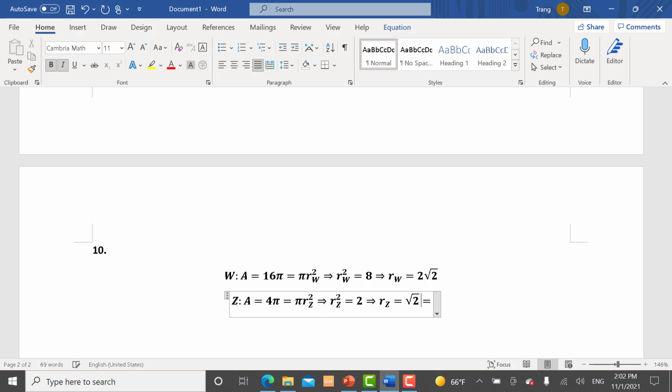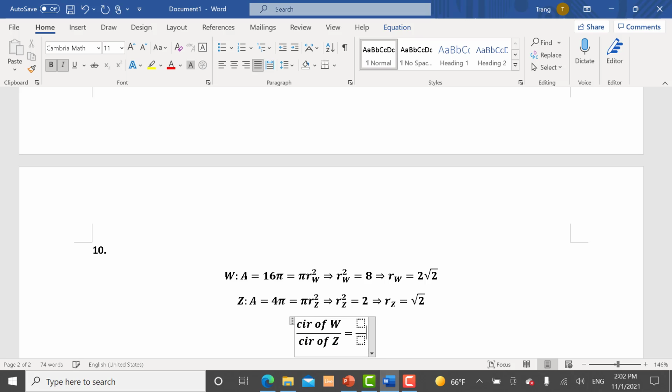Now if we look at the circumference of W over circumference of Z, just follow the formula. The circumference of W is 2 pi RW, and the circumference of the circle Z is 2 pi RZ. So we cancel 2 pi with 2 pi.